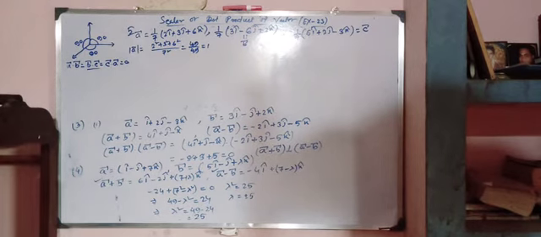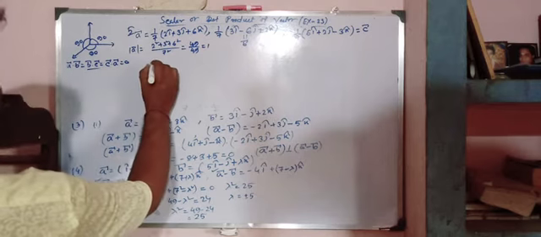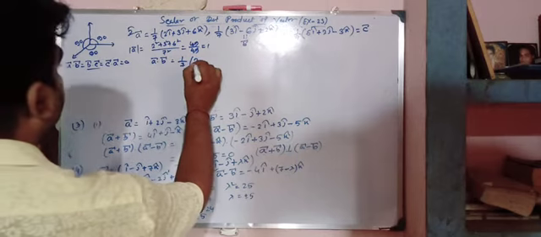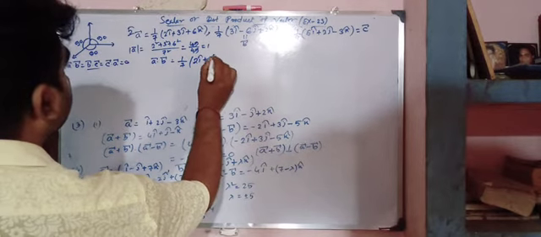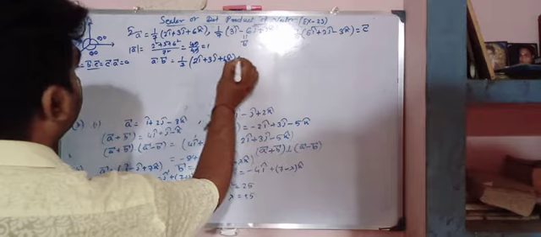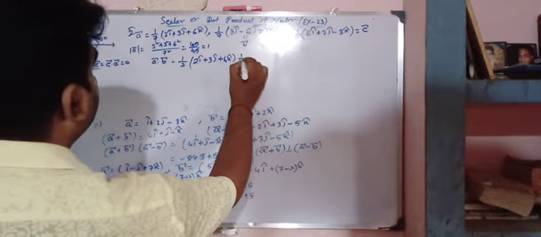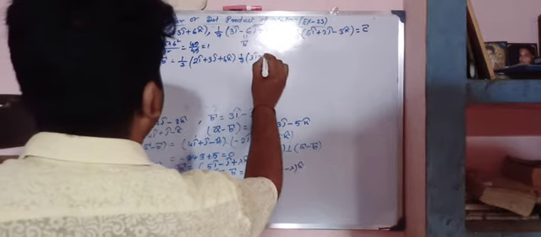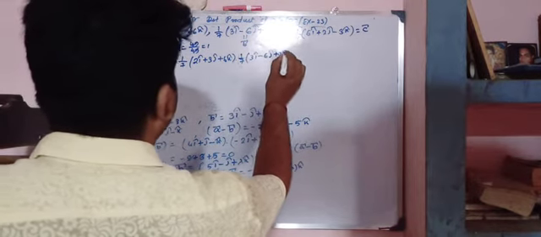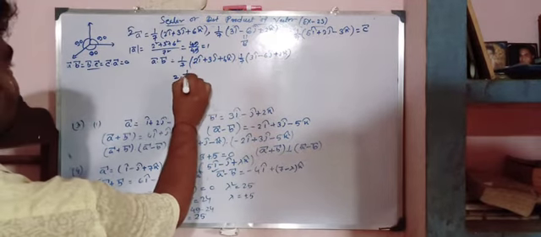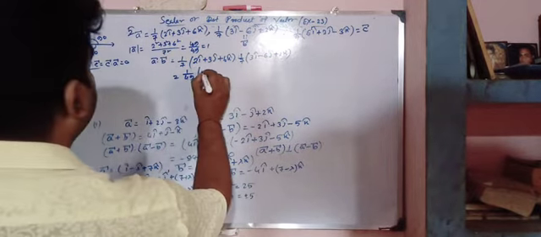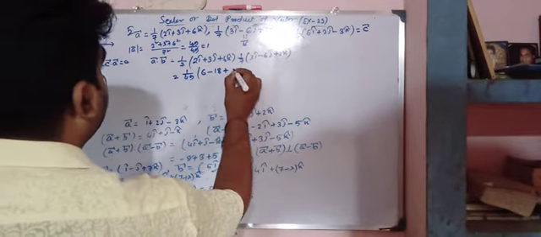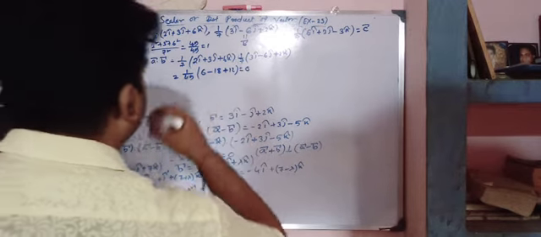Okay, now here A dot B is equal to 1/7 (2i cap plus 3j cap plus 6k cap) dot 1/7 (3i cap minus 6j cap plus 2k cap). So this is 1/49. Obviously this should be 6, this is minus 18 plus 12, so that's equal to 0.